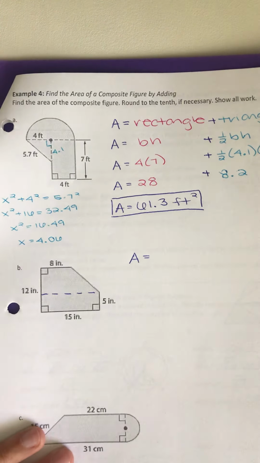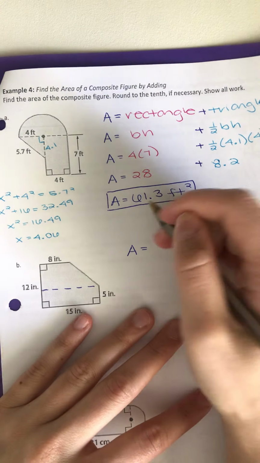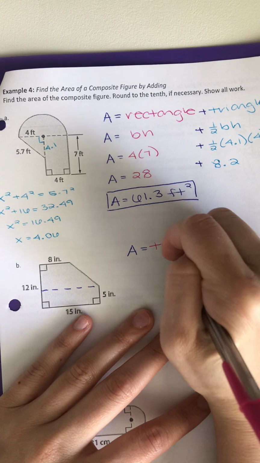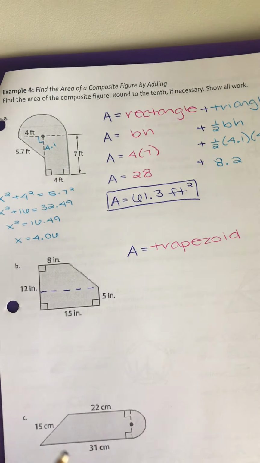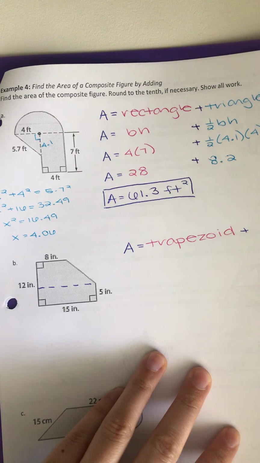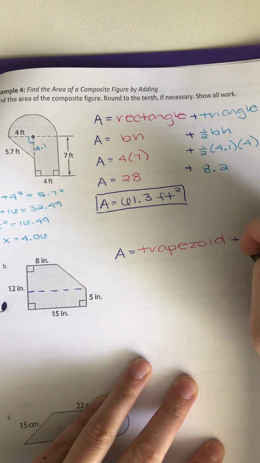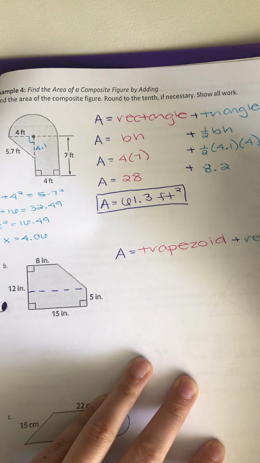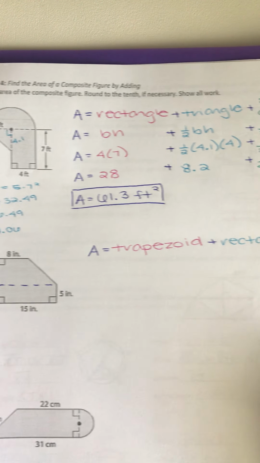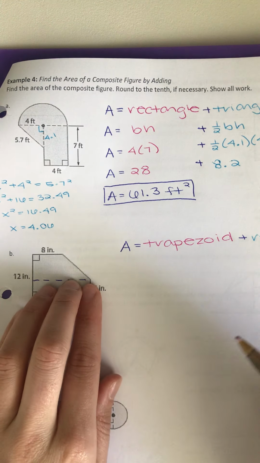So I am going to add a trapezoid and a rectangle. So let's ignore this and look at my trapezoid.